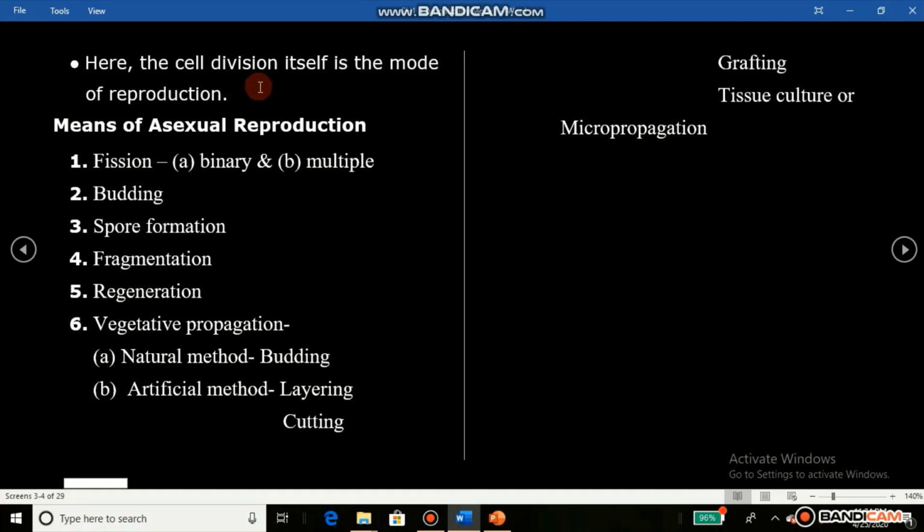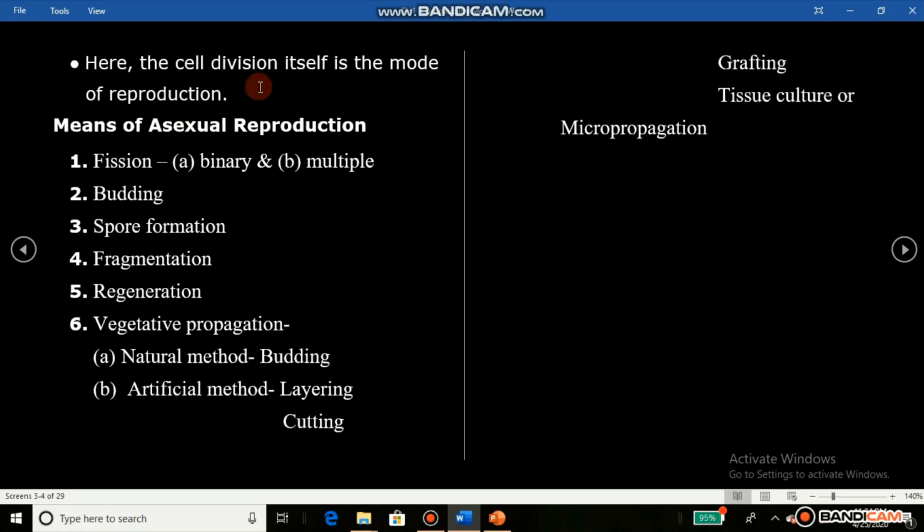What are you seeing in the cell division and mitosis process? The cell divides. First karyokinesis happens, then cytokinesis happens. You already studied it, so see how that process is completed.